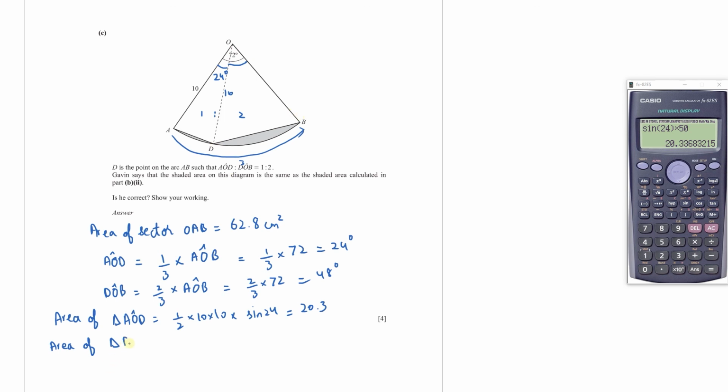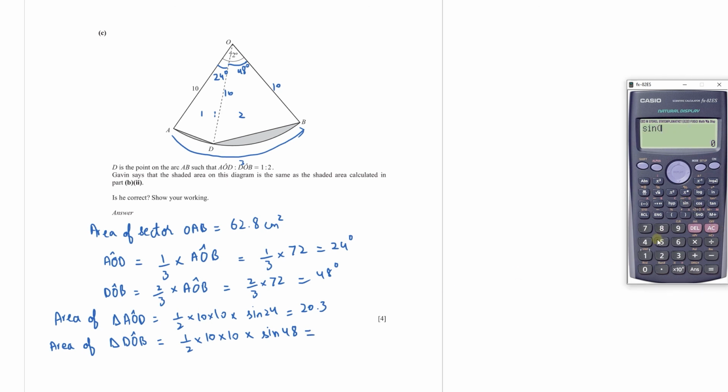So the area of triangle DOB will be again 1 by 2 into 10. This side is 10, this side is also 10. Both are the radius. So 10 into 10 into sine of this angle, which is 48 degrees.